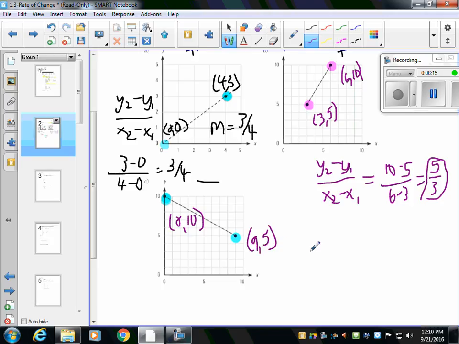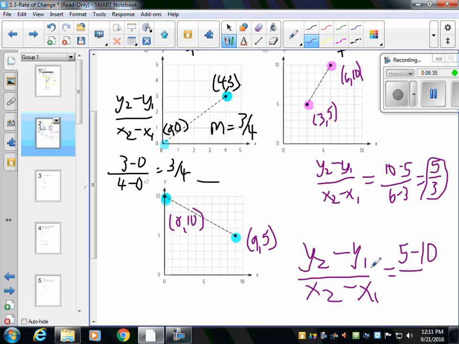So if I do y2 minus y1 over x2 minus x1, I will get y2 is 5, 5 minus y1, which is 10, all over x2, which is 9, minus 0. This will give me negative 5 over 9 as the slope.